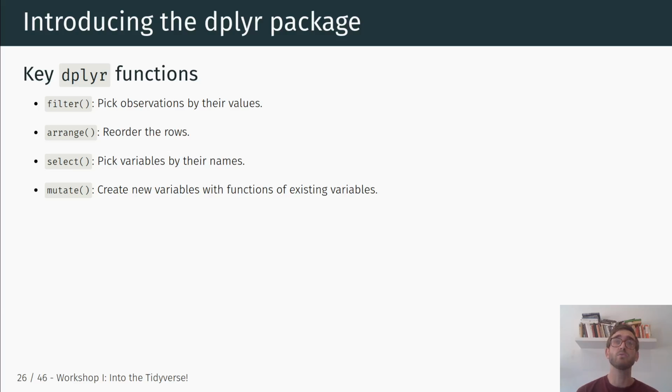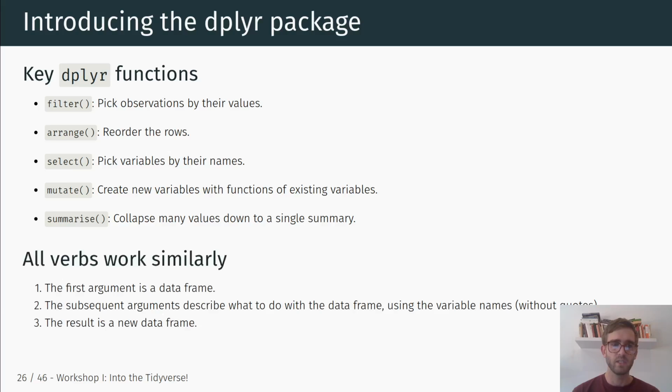So all the recoding that you will do using mutate. And then summarize, which collapses many values from one data frame down to a single summary. Usually we use that in combination with some grouping command. And I'll go through those examples in this video.